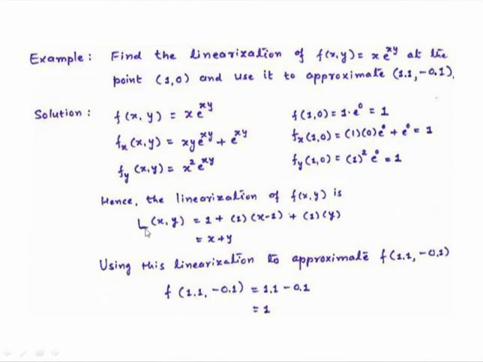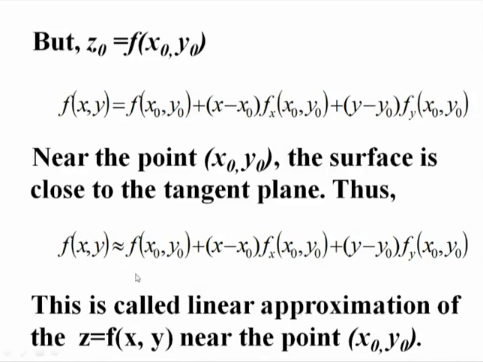So we find these partial derivatives. Let me show you the formula on the board so that you can clearly understand. Yes, this is the formula for the linear approximation. This is approximate and we can denote it as L of x, y. So L of x, y equals f of x0, y0 plus (x minus x0) times fx at x0, y0 plus (y minus y0) times fy at this point.